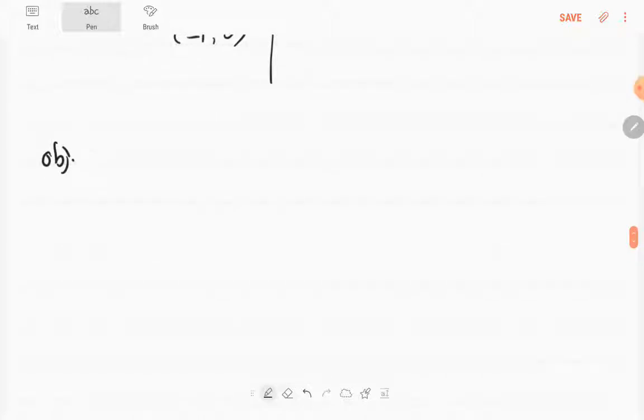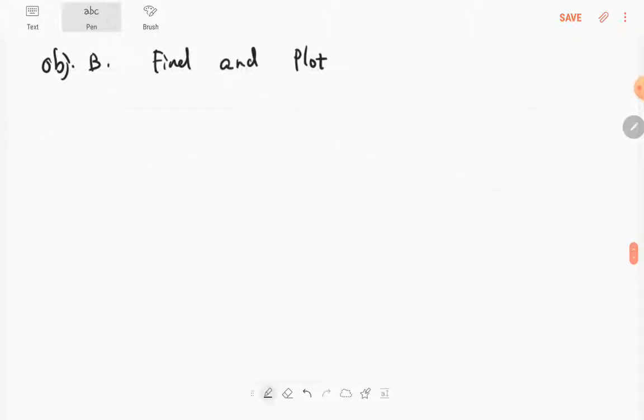The second objective is that we need to find the intercepts and try to plot them.